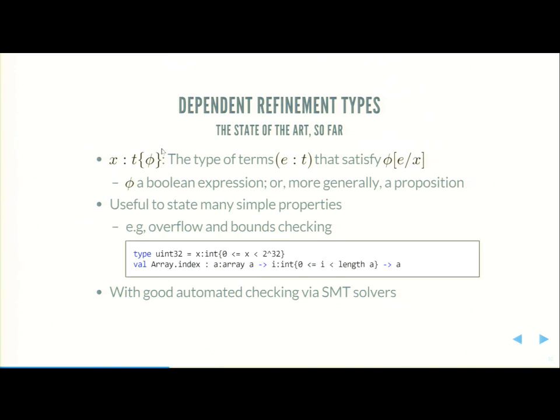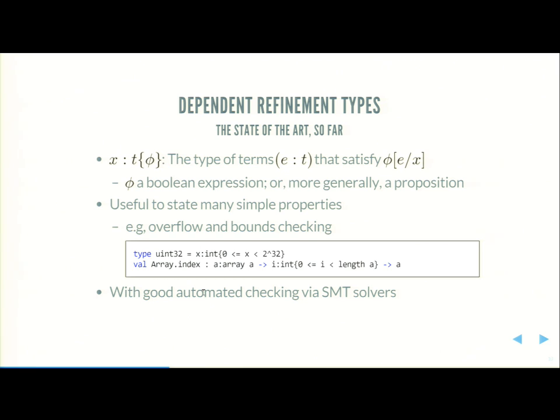We write it this way, with the formula phi being a refinement of the type T, and the terms that inhabit this type are values of type T that also satisfy phi. This is useful to state many simple properties. You can do array bounds checking and overflow and so on by adding refinements of this form. You can define UInt32 to be a refinement of int that looks like that, for instance.